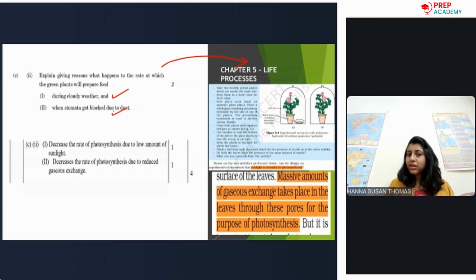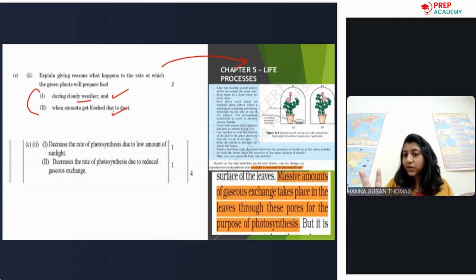This particular thing is not given directly in your reader, but if you understand the concepts very well, and go through the activities, it will be a cakewalk for you to write this answer. Okay, so what happens to the rate of photosynthesis done by green plants during cloudy weather? That is the first one. So you can see under the life processes chapter, there are two activities given.